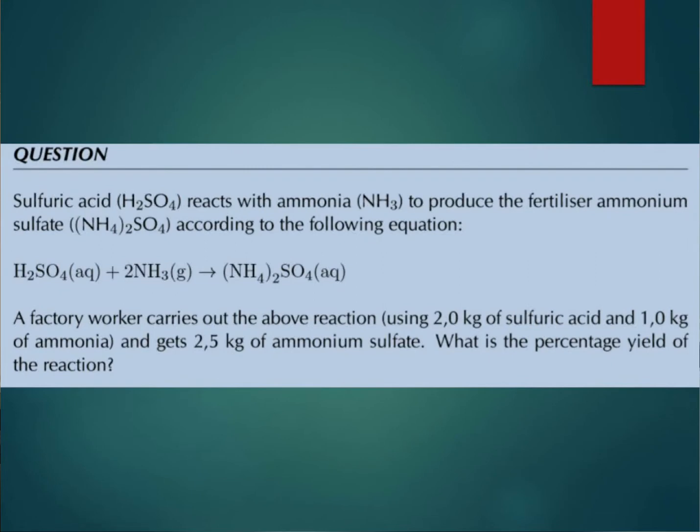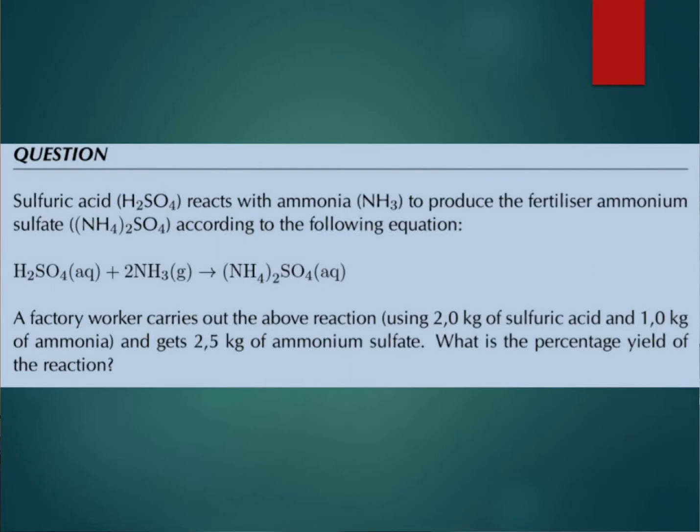So let's quickly look at the example. This example carries on from our previous example where we had sulfuric acid that reacts with ammonia to produce the fertilizer ammonium sulfate according to the following equation. That is the same equation that we were using.